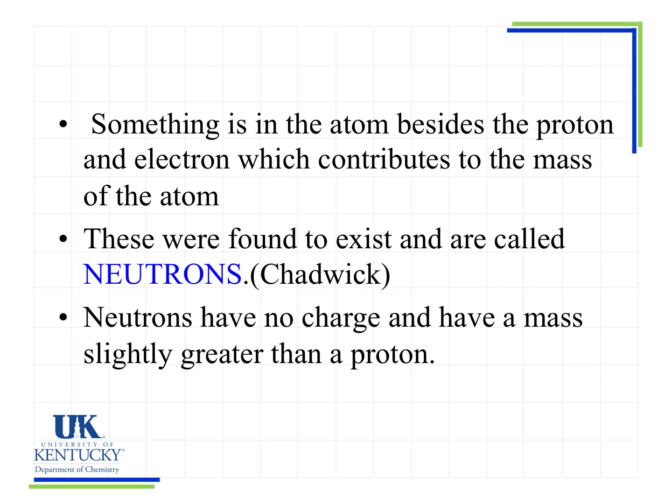So what they came up with was that there should be something in the atom besides the proton and electron which contributes to the mass of the atom. It should be something neutral, because we know the atom is neutral, and we've learned about the charge of the electron and the charge of the proton, and they are equal.